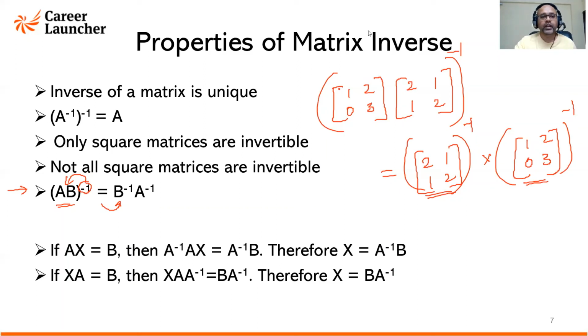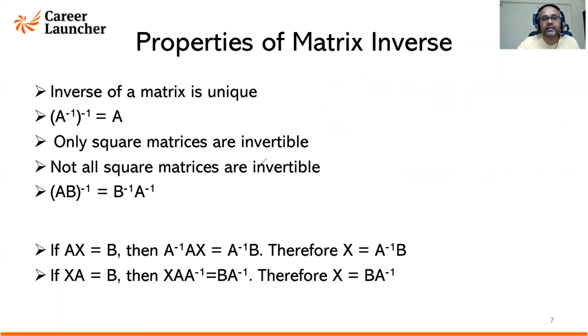Okay. The last part which I want to explain is if there is a matrix A and a matrix X, and you are multiplying them to get B. If you have A and X giving you B, you can multiply both sides with the inverse of A, but the order of multiplication should be maintained. A inverse is coming on the left hand side, which means on the right side also A inverse will be coming on the left.